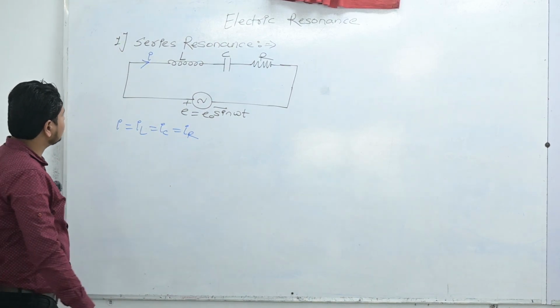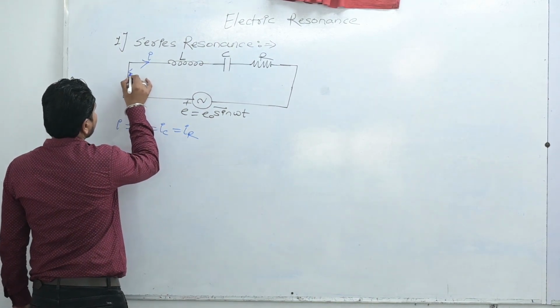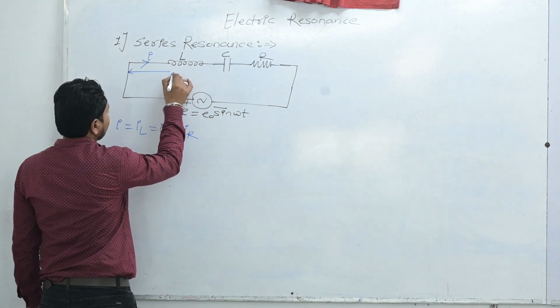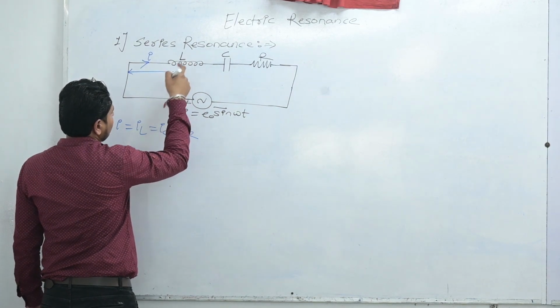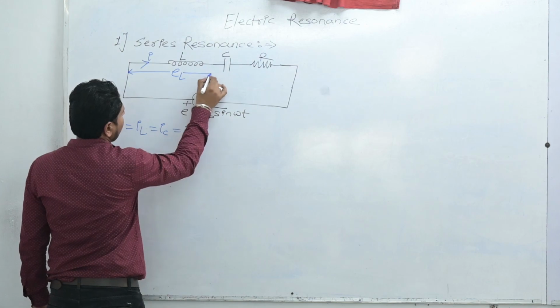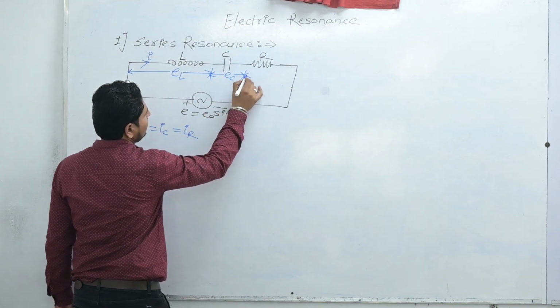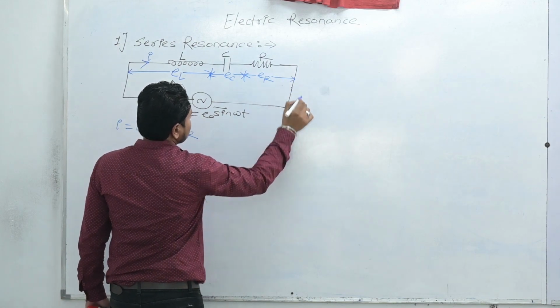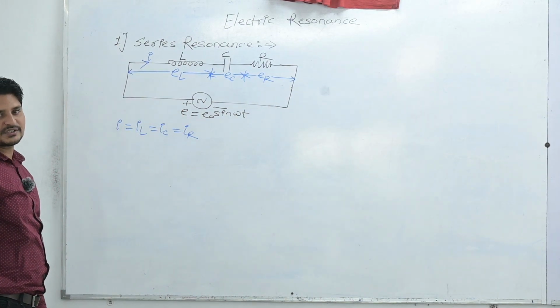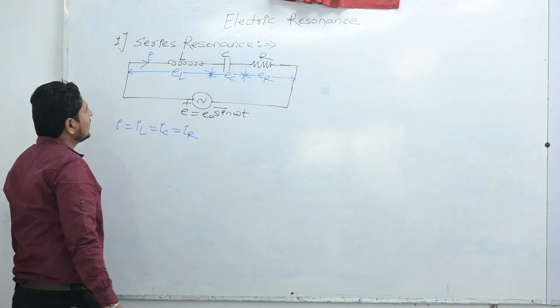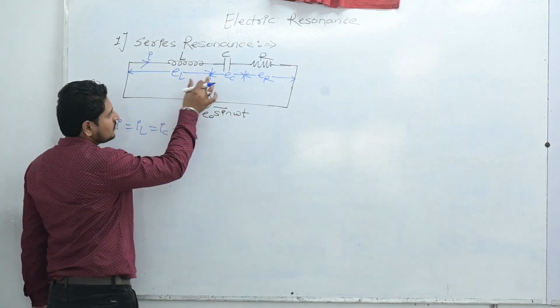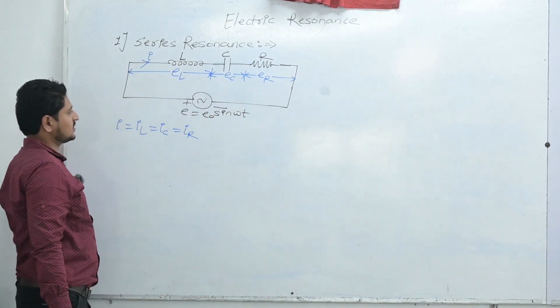So in series combination current should be same, so this is IL, इसके अक्रॉस में EMF EL रहेगा, इसके अक्रॉस में EMF EC रहेगा, इसके अक्रॉस में EMF ER रहेगा. So these are EMF which is divided into three parts, that is for inductance, for capacitance, for resistance.